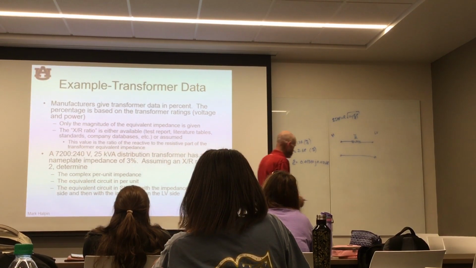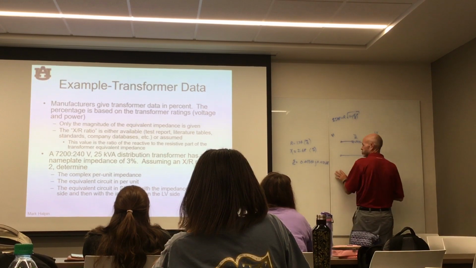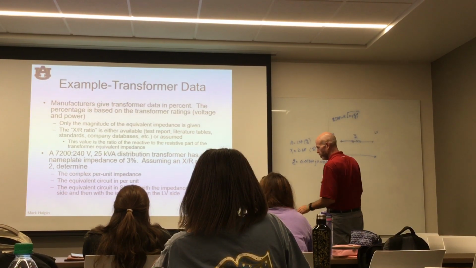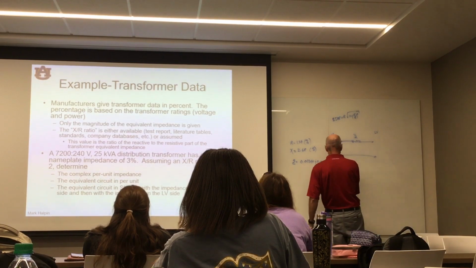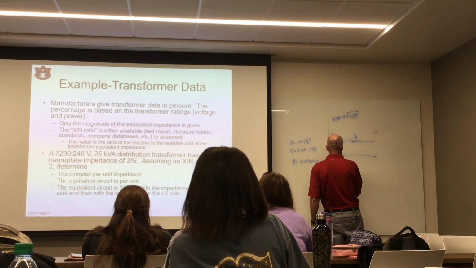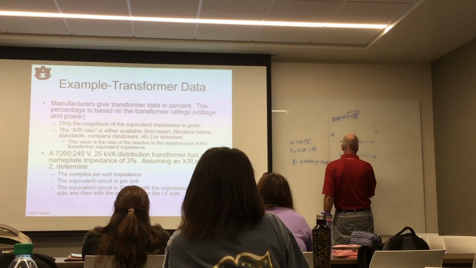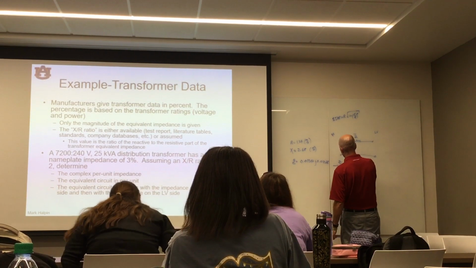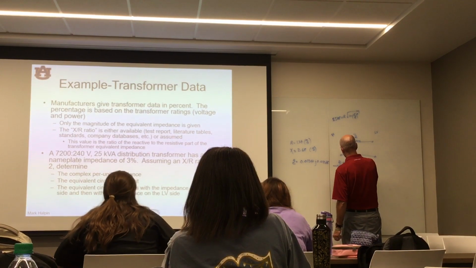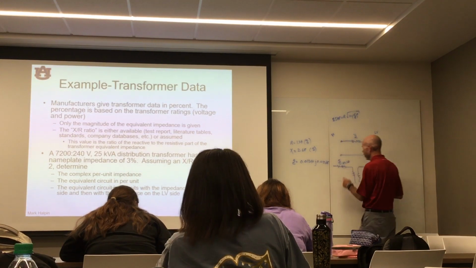So let's suppose, which one did it say first? Impedance on the high voltage side, over this one. So what I want to do, let's call this Z HV SI. I want to find that.